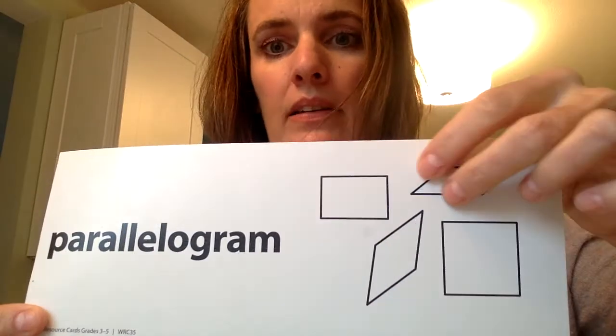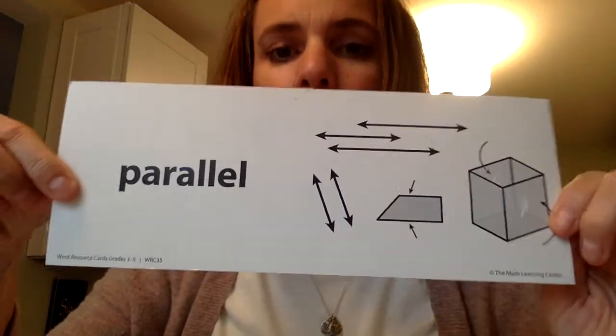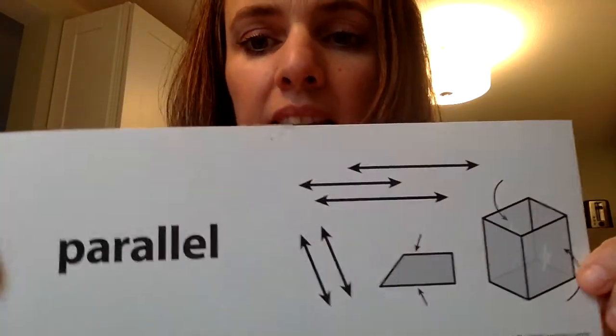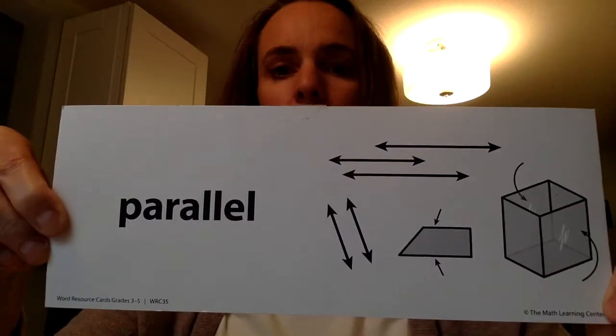So for this shape, you can see that these 2 lines are parallel and these 2 lines are parallel. Now, what parallel means is that the lines or the sides are always the same distance apart.